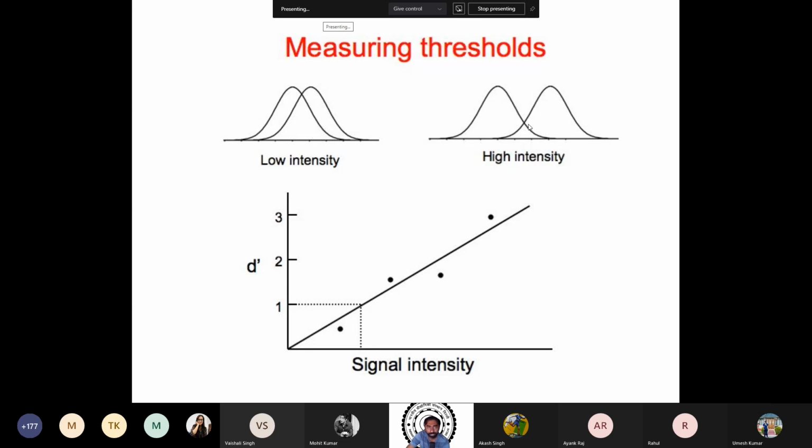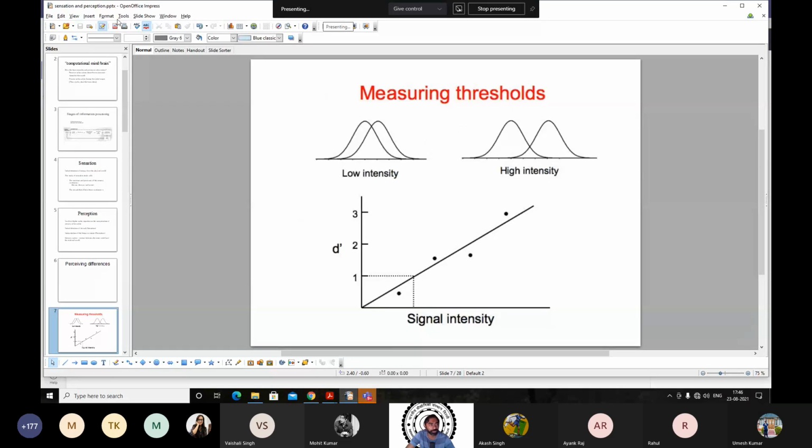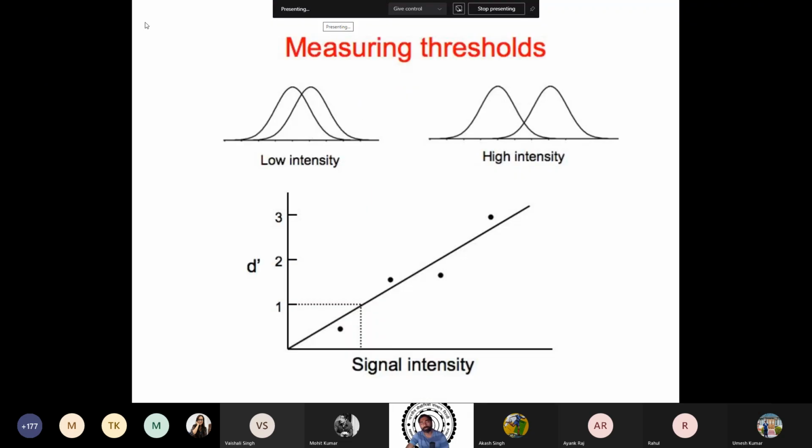Very simple stuff. This is so because of how the world is situated and how the world is represented using physics. There's a whole area called psychophysics, which basically studies how psychologically we understand the physical world.